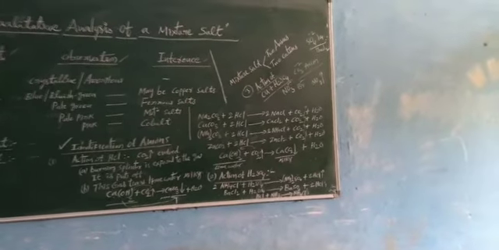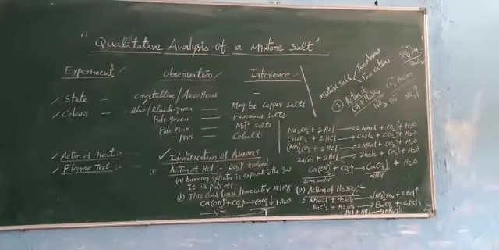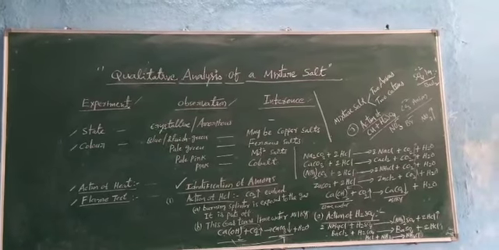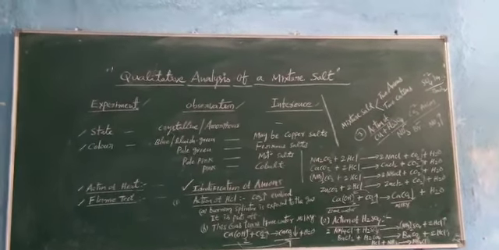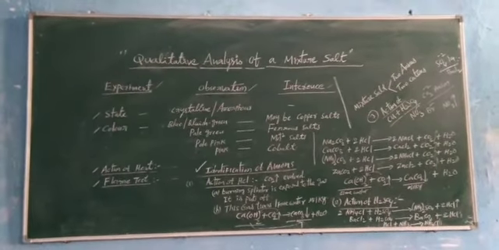So next we must observe the brown ring test. This brown ring test is for nitrate ion. The sodium carbonate extract is neutralized with diluted H2SO4 and an equal volume of freshly prepared ferrous sulfate solution is added.